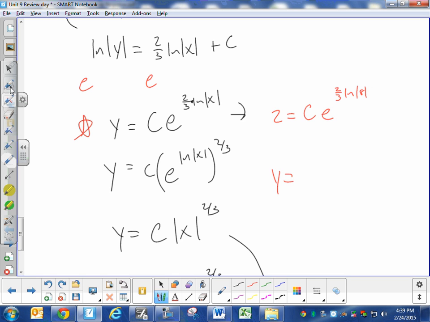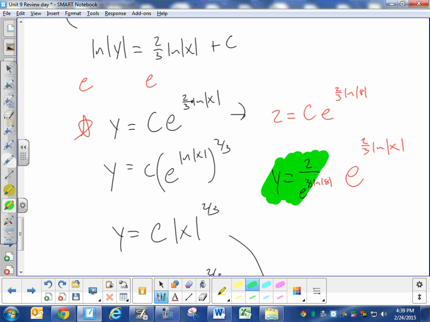It's not nice looking, but it is a correct answer. 2 over e to the 2/3 log 8 times e to the 2/3 log absolute x. So this is a solution. It's not as pretty as mine, but if you didn't know how to simplify that e to the 2/3 log x, you can just leave it like this.